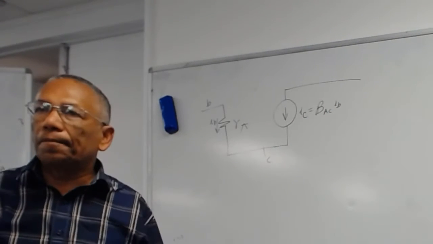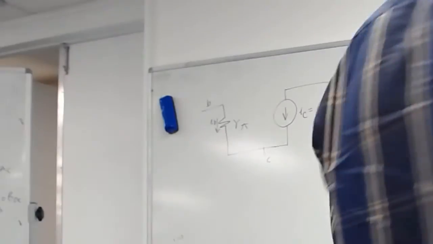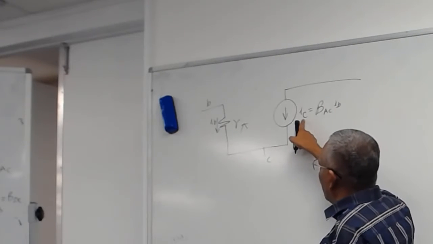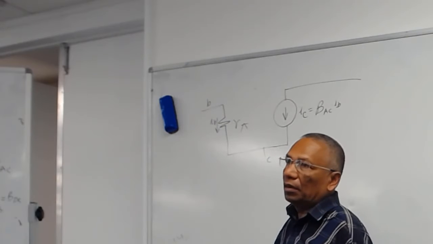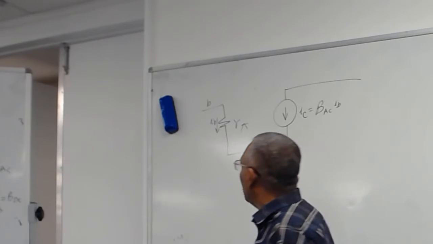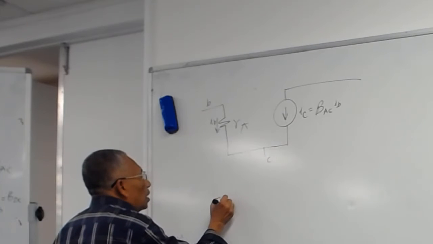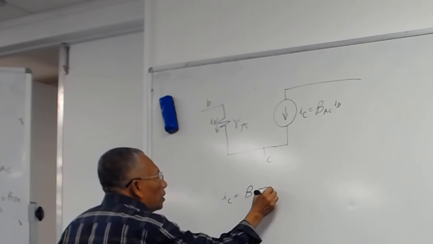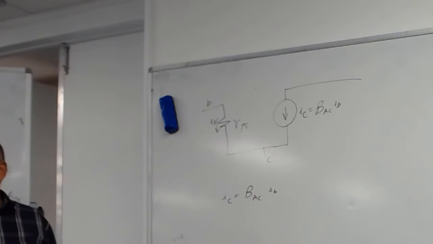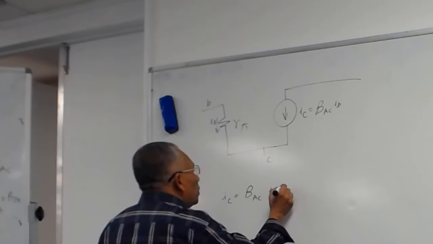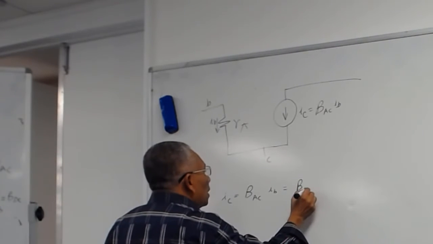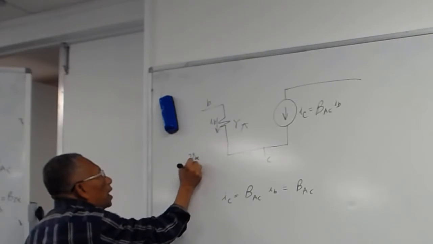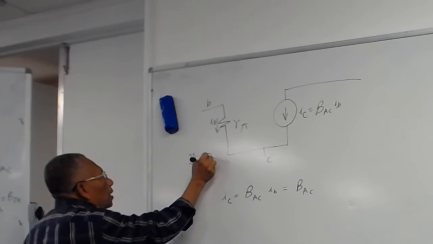Okay. Now we want to do a bit more. We can express the IC in terms of IB. We can also express the IC in terms of VBE. How is that? Okay, let's start. So IC, small i, small c equal to beta AC into small i, small b, which is again equal to beta AC into... But we know from here, small VBE divided by IB equal to R pi.